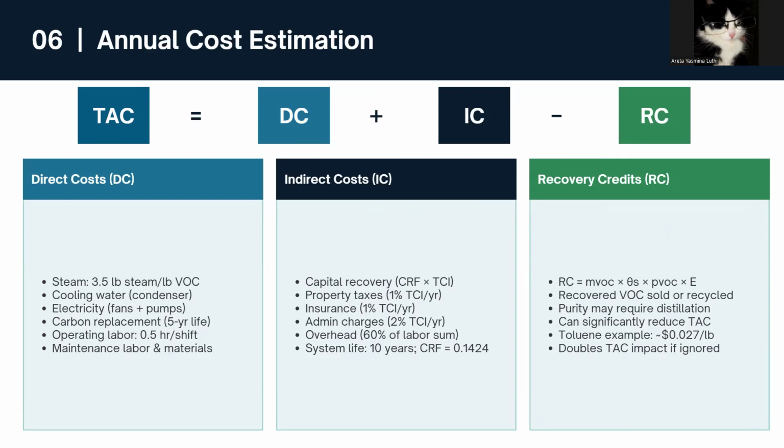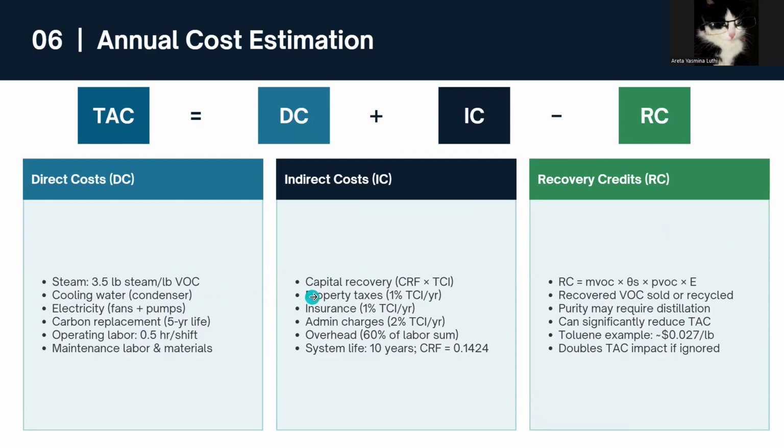So we can calculate the total annual cost as the direct cost plus the indirect cost minus the recovery credits. The direct cost itself includes the steam at this rate per pound of VOC recovered, and then cooling water for the condenser, electricity for fans and pumps, carbon replacement every 5 years, operating labor at 0.5 hour per shift, and maintenance.